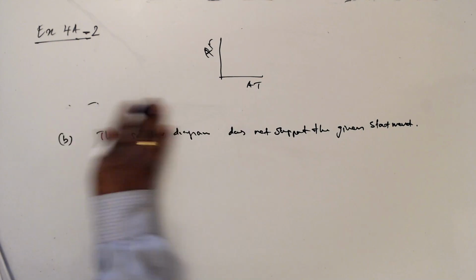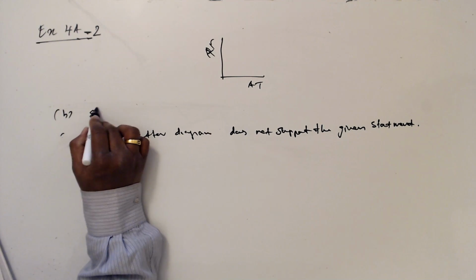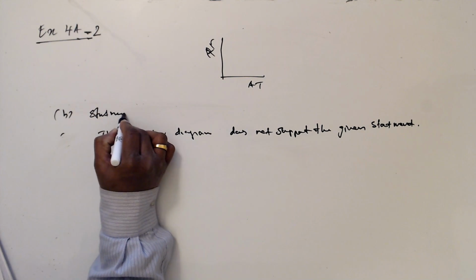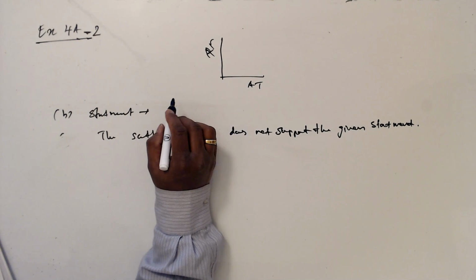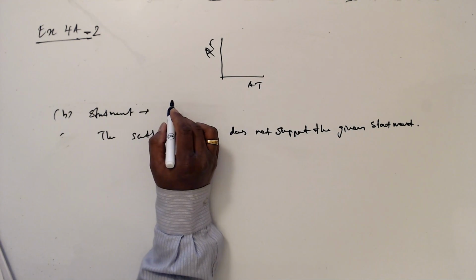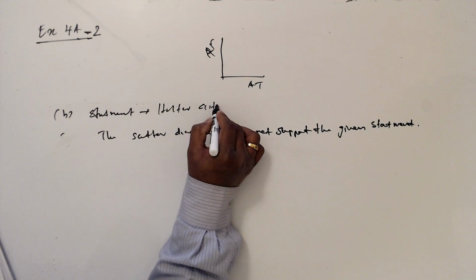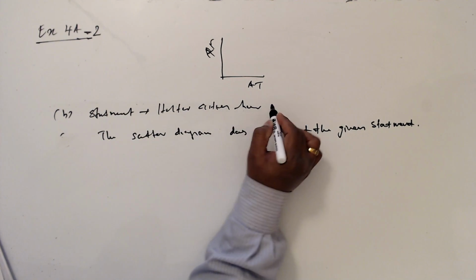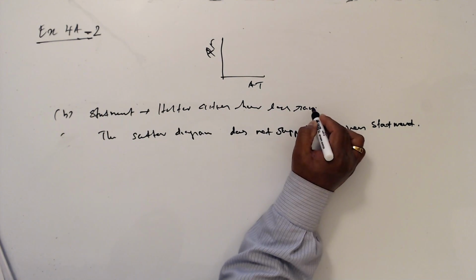So you can write the statement here: hotter cities have less rainfall.